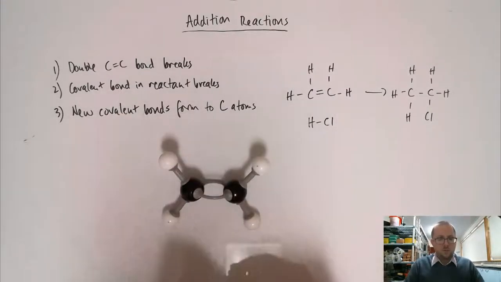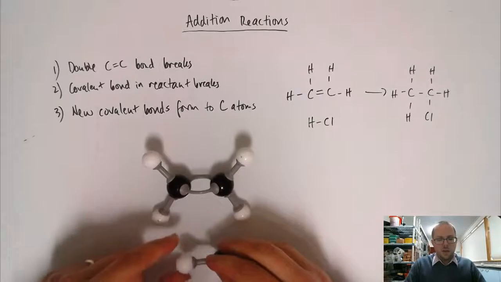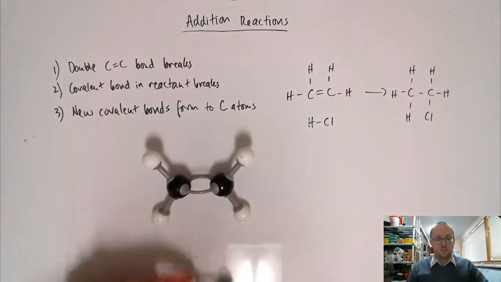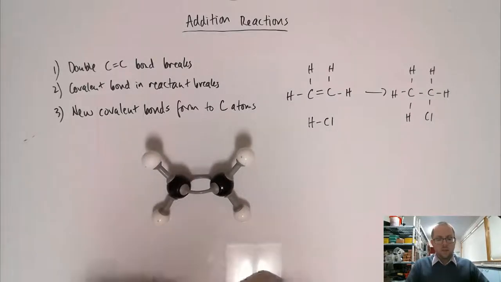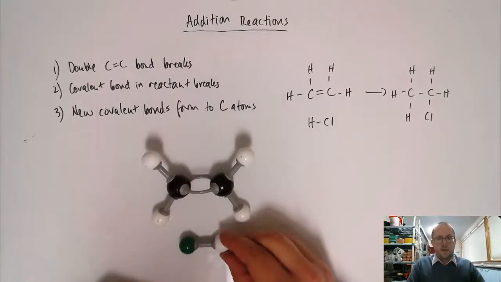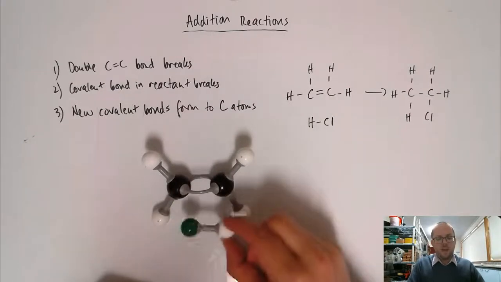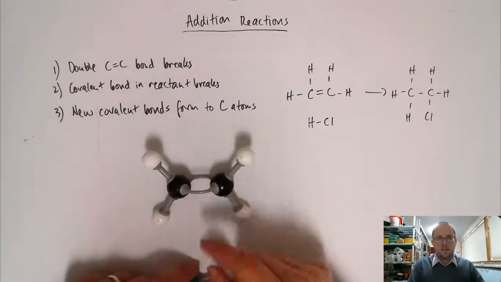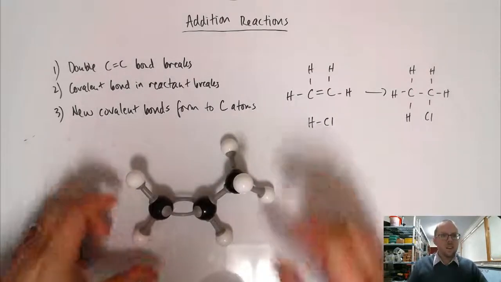But the principle here, before I demonstrate that to you, is that this hydrogen chloride molecule could add on this way, could approach the double bond this way, or it could actually approach that way. And so that's going to influence which carbon these atoms connect to. Now, like I said, in this case, that doesn't really matter, but let's have a look at a situation where it does.